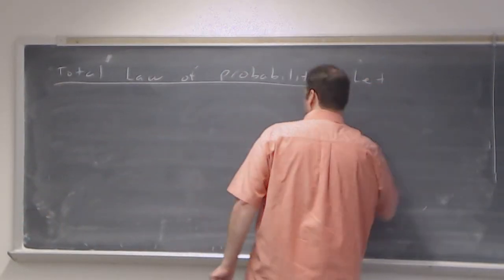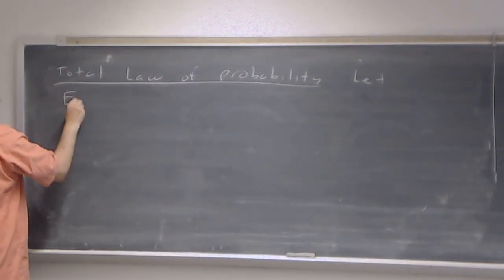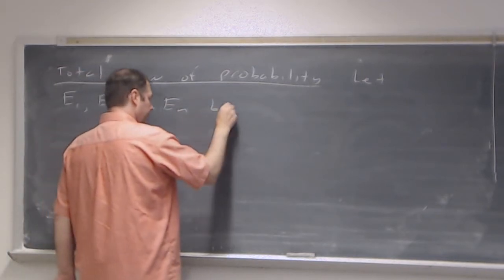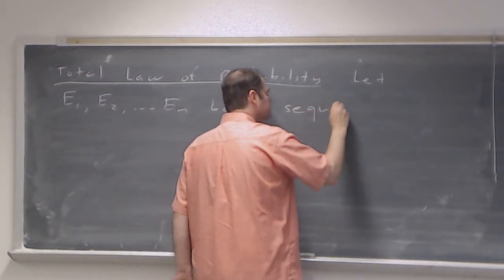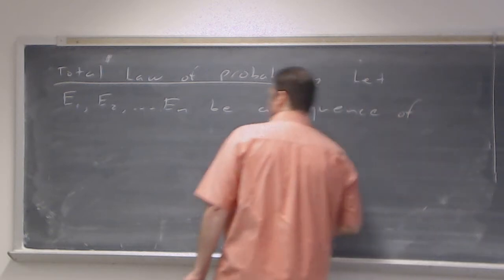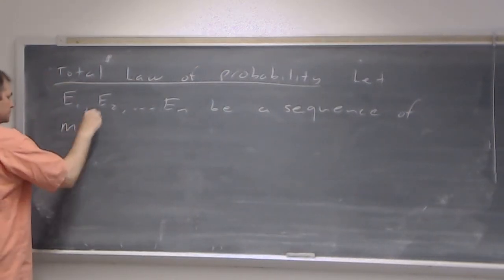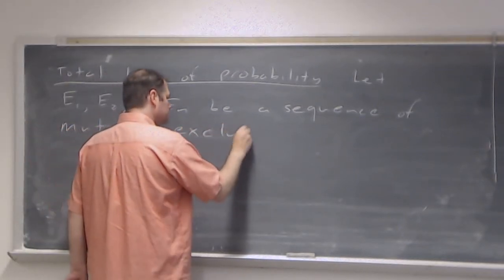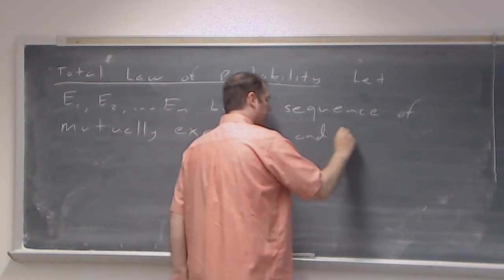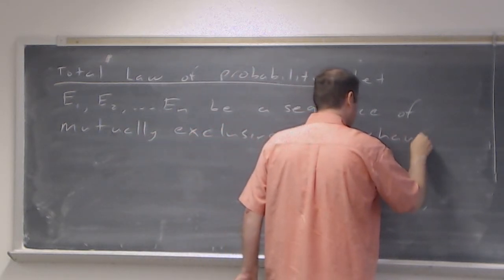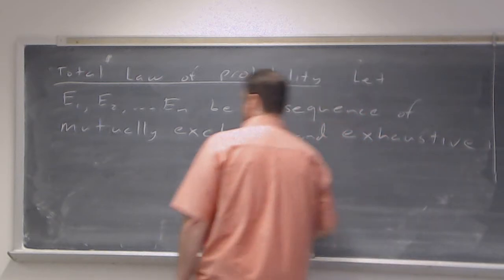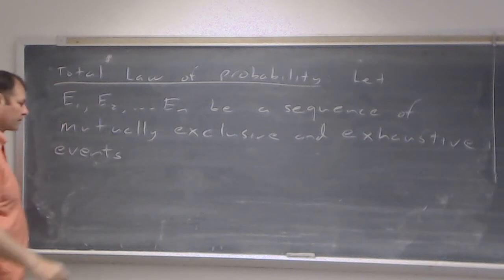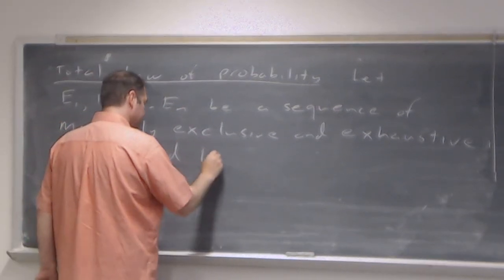Let E1, E2, up to En be a sequence of mutually exclusive and exhaustive events, and let A be an event.